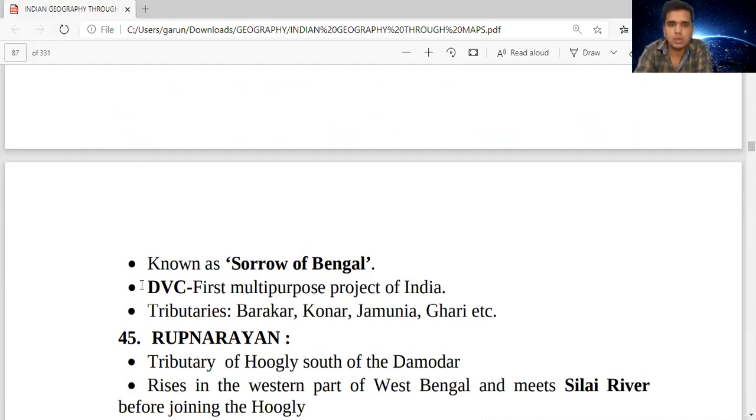DVC, the first multi-purpose project of India.